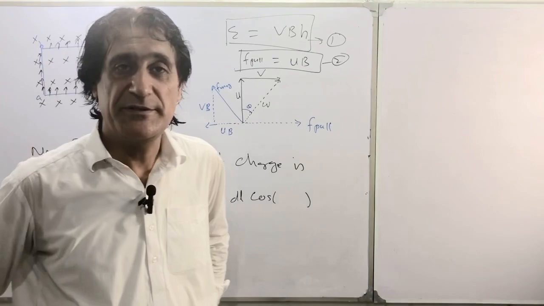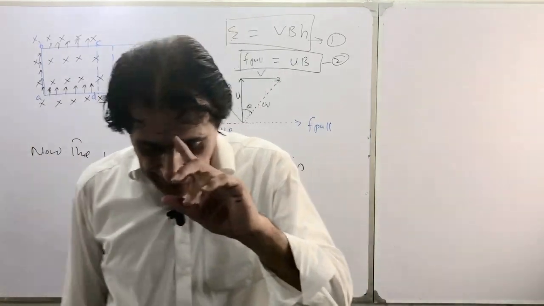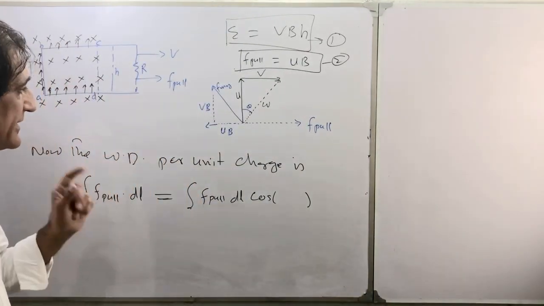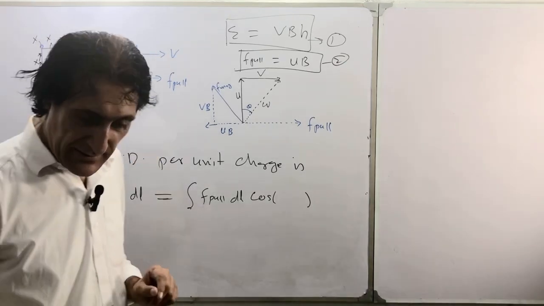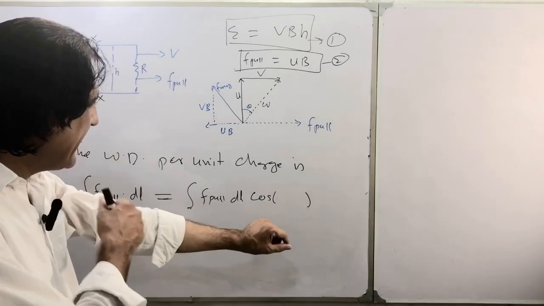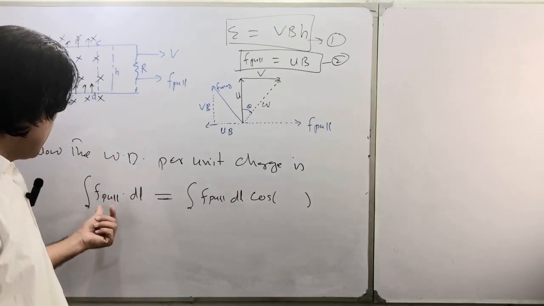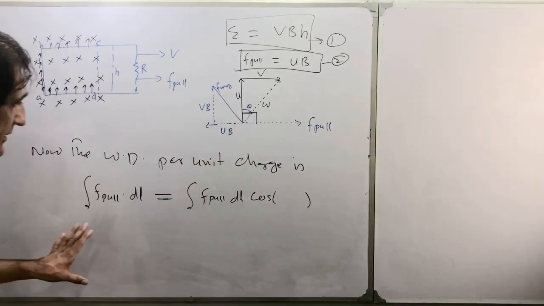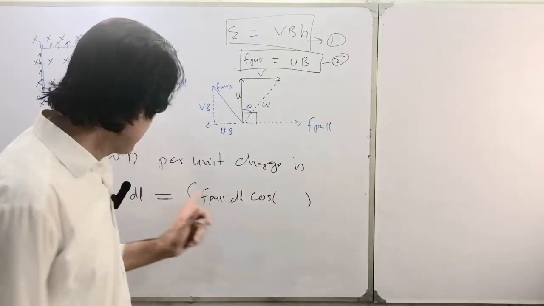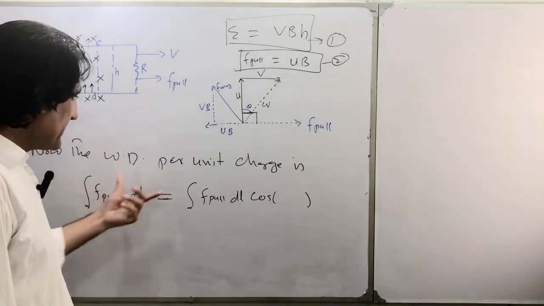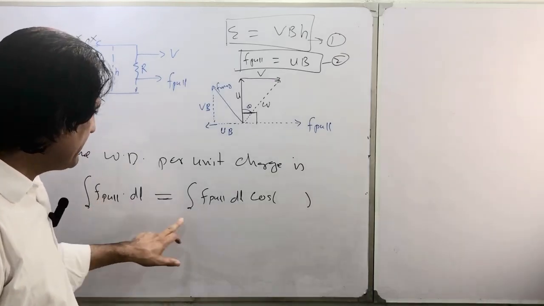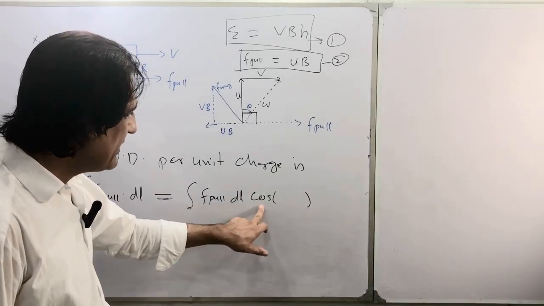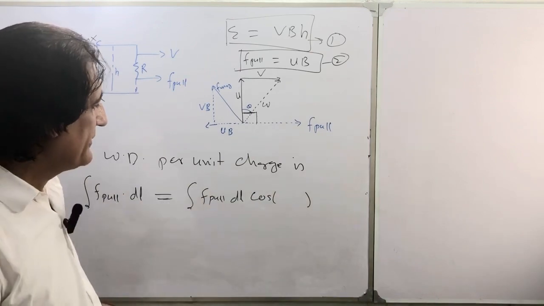I think in the book this point is not clear, but let's see what the angle between F pull and DL is. This is the work done per unit charge, and this is equal to F pull dot DL, which is equal to F pull DL cos of theta.